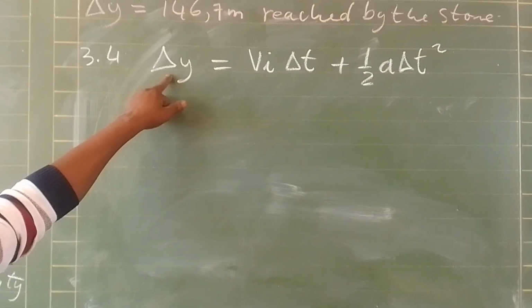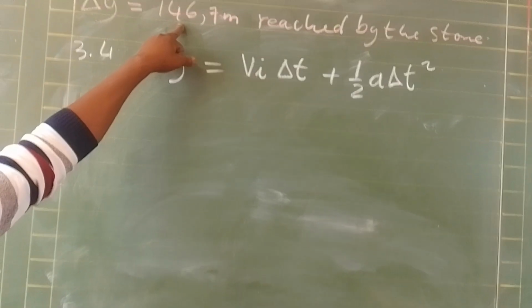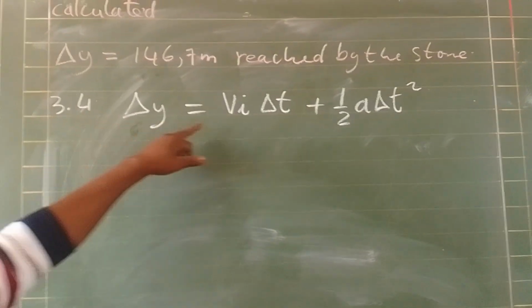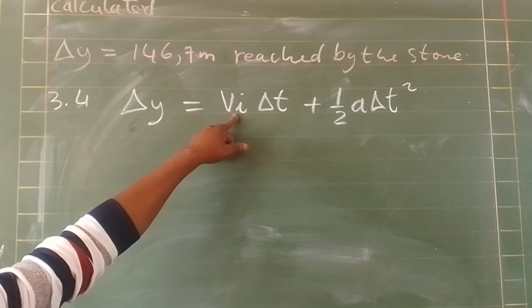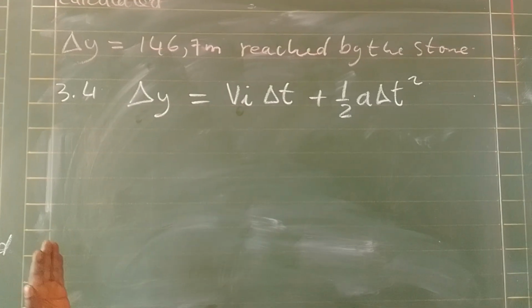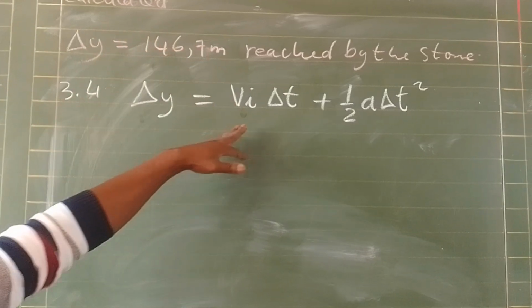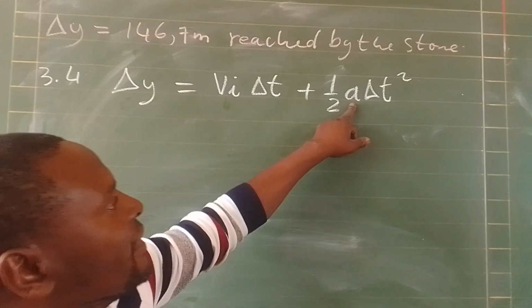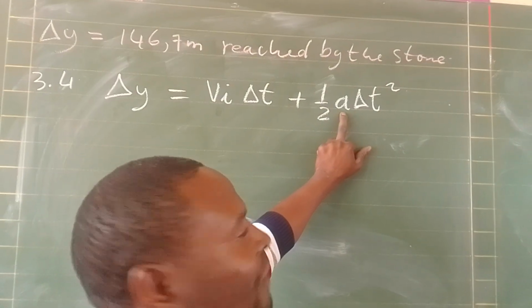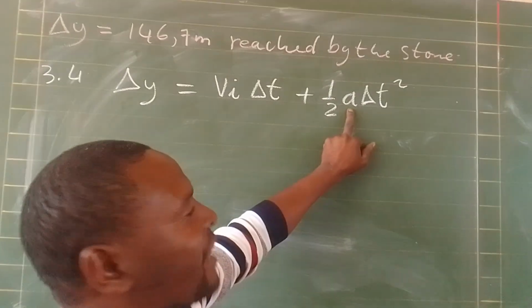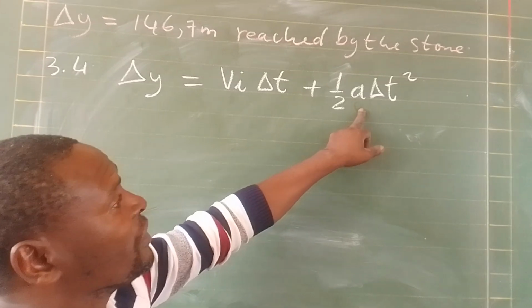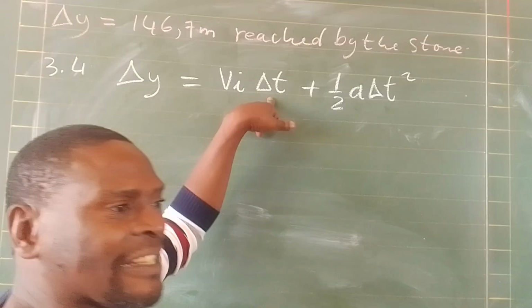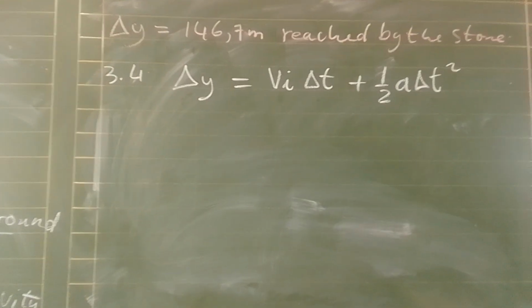Here we have 146.7 meters as the height traveled by the stone, and the initial velocity is 8 meters per second, that of the helicopter traveling at a constant velocity. Then a is the acceleration due to gravity, which is 9.8 meters per second squared. Then delta t is what we are looking for.